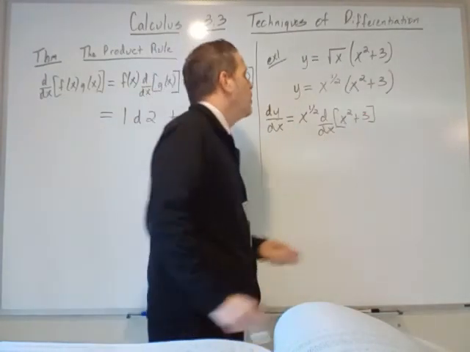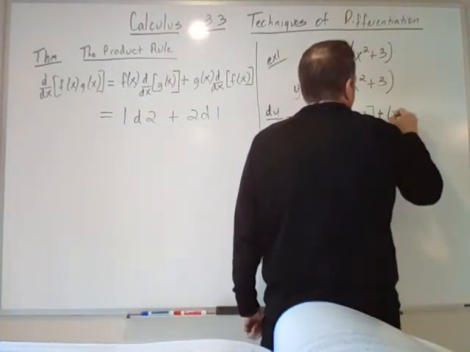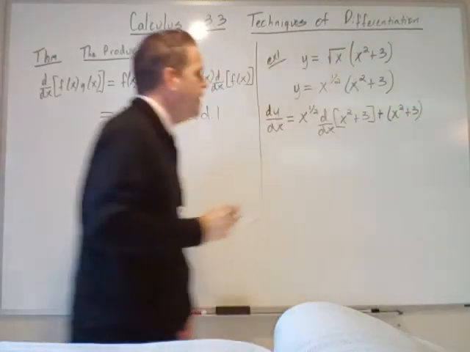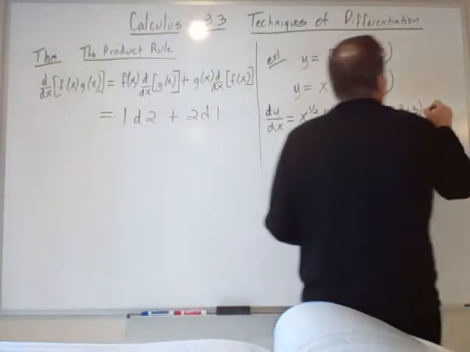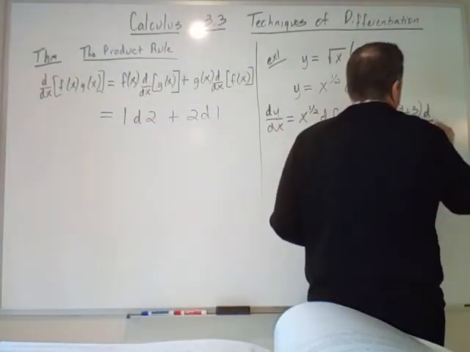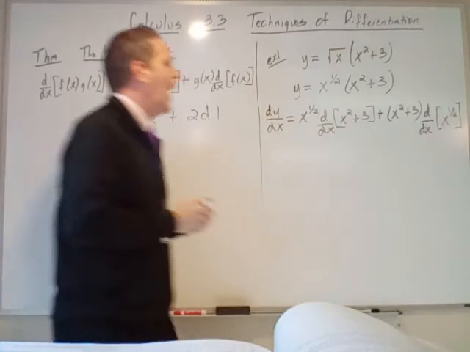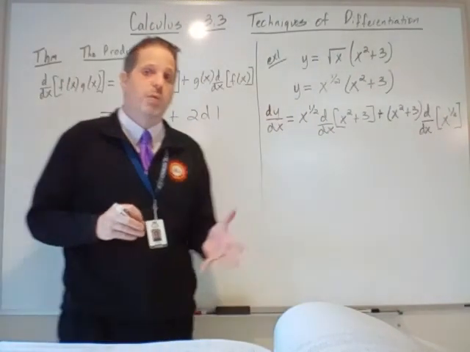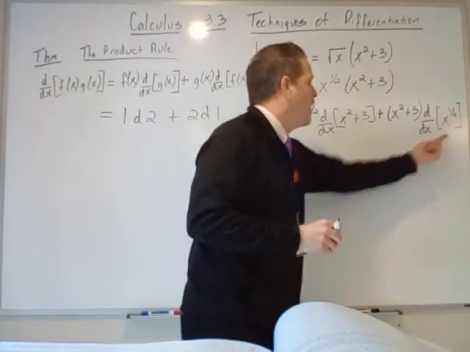Plus 2, so that's the second function unchanged, x squared plus 3. Now I need the derivative of the first, so the derivative of x to the 1/2 power. So I have applied the product rule. I haven't taken the derivative yet, but I've applied the product rule. I've got 1d2 plus 2d1 here.